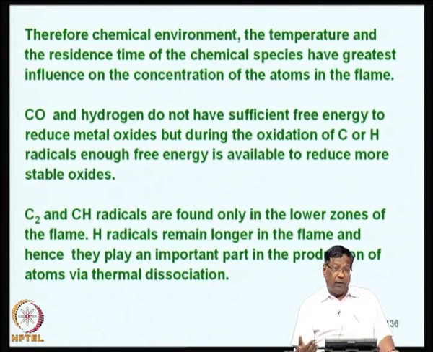So, the free energy released must be very high compared to the energy required to reduce the stable oxides. So, C2 and CH radicals are usually found in the lower zone of the flame.